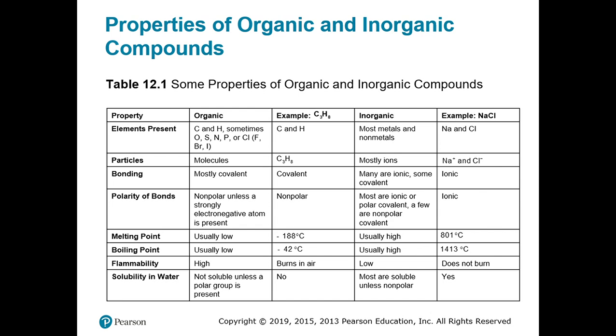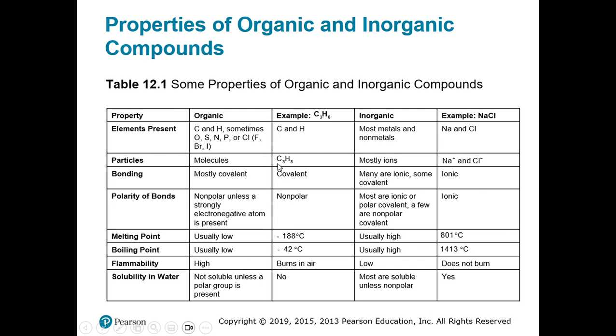The table represents some of the organic compounds, an example, what type of elements they have, and some properties involved. Organic compounds can contain carbon, hydrogen, oxygen, sulfur, nitrogen, phosphorus, halogens. With carbon and hydrogen, one example is C3H8, whereas inorganic compounds are mostly metals and nonmetals. An example is regular table salt, which is sodium chloride.